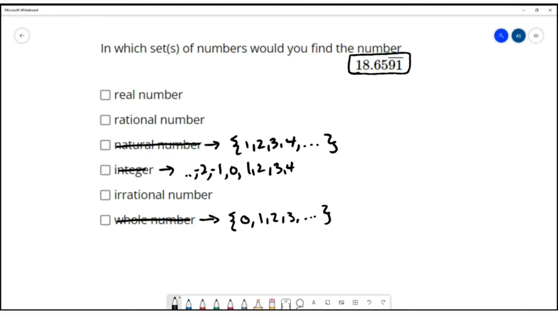So rational numbers are numbers that can be written as a fraction. The official definition is any p over q, where p and q are integers. In addition, q cannot equal 0 because dividing by 0 is undefined.